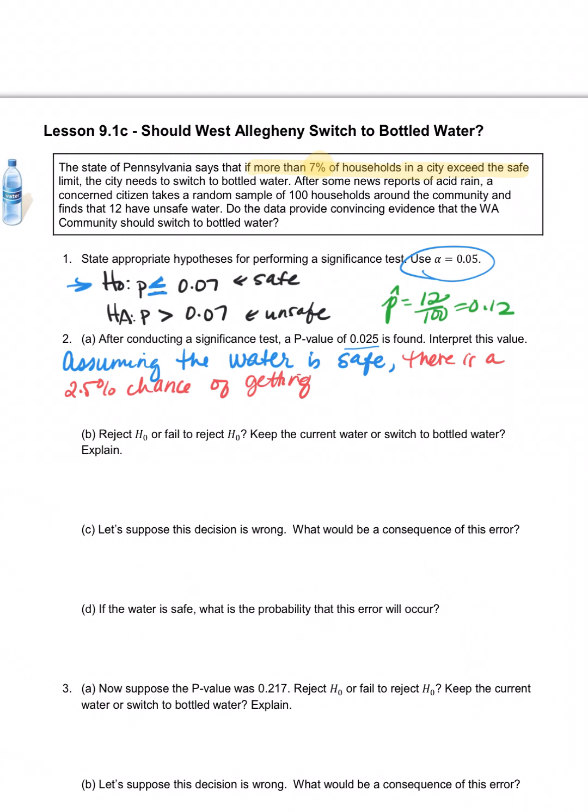Of getting a p-hat of 0.12, and then would I say or greater or less than? If you're not sure, look at your alternative. What did you use there? Or greater, didn't we? We used a greater than. So 0.12 or greater. And then the finishing touch, by random chance alone.